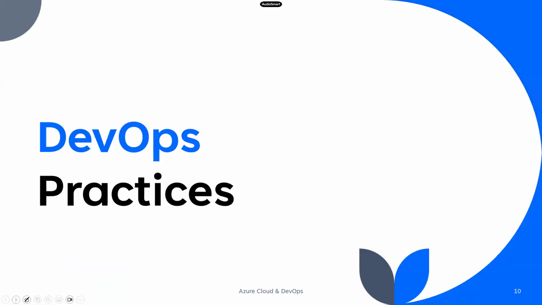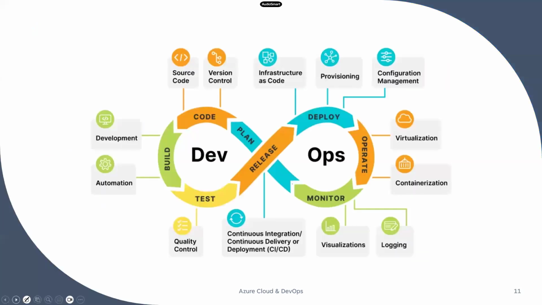Then we'll be getting into DevOps practices. As I said, we didn't go through this diagram a lot in the last session. Today we'll be mostly covering what this diagram is and what it is giving as an overview.